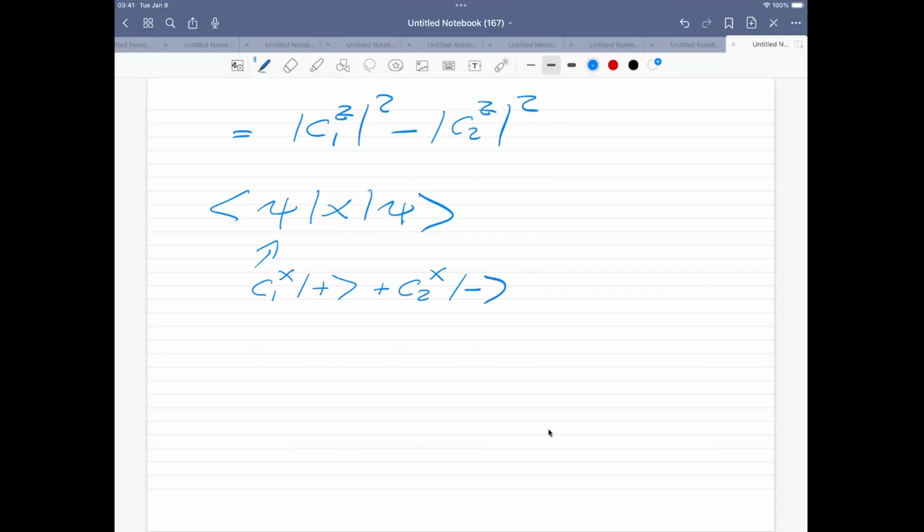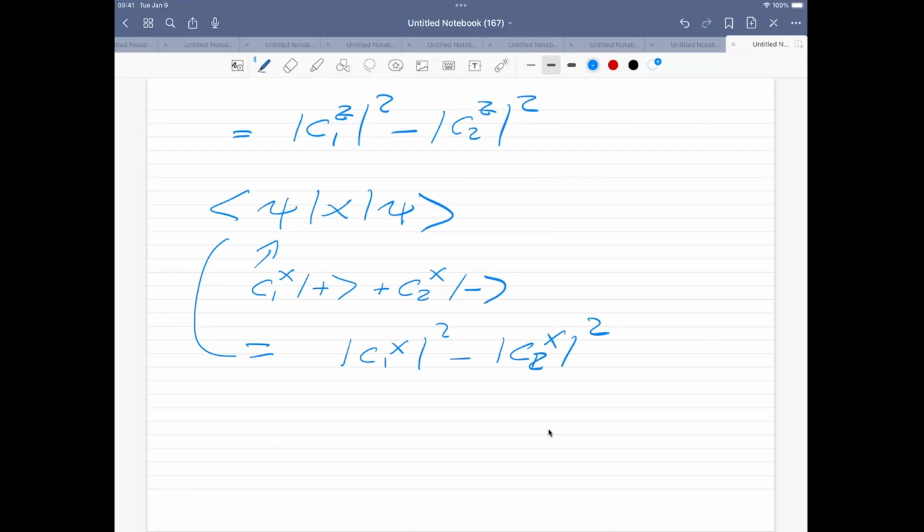Because at the end, when we are going to make the measurement, this is not going to be very easy to set up. So if I use that one, then this quantity would then simply be C1X squared minus C2X squared, if you do the algebra here. And you would have a similar expression for the Y gate.